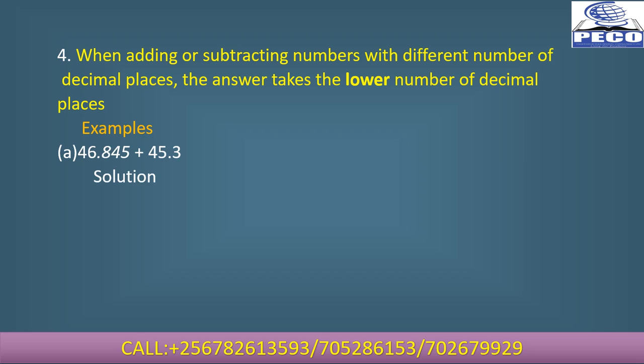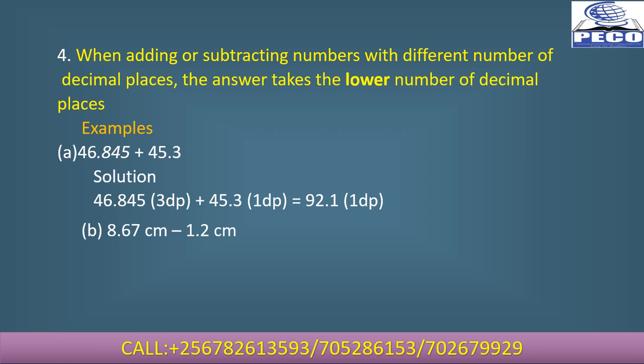This value has 3 decimal places, while this one has 1 decimal place. So we shall write the final answer to 1 decimal place. We take the lower one, 1 decimal place, getting 92.1. Round off to 1 decimal place.